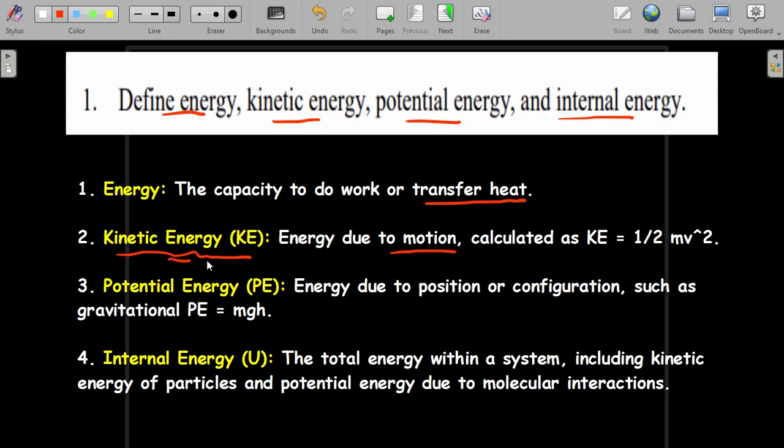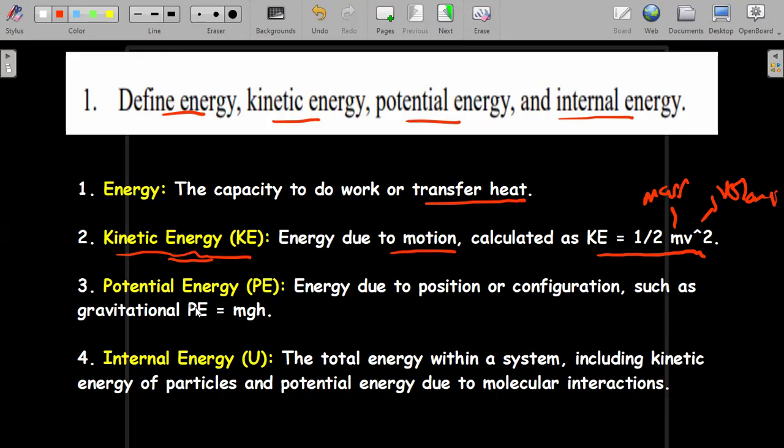It is calculated by the formula kinetic energy equals 1/2 mv squared, where m represents the mass and v represents the velocity.